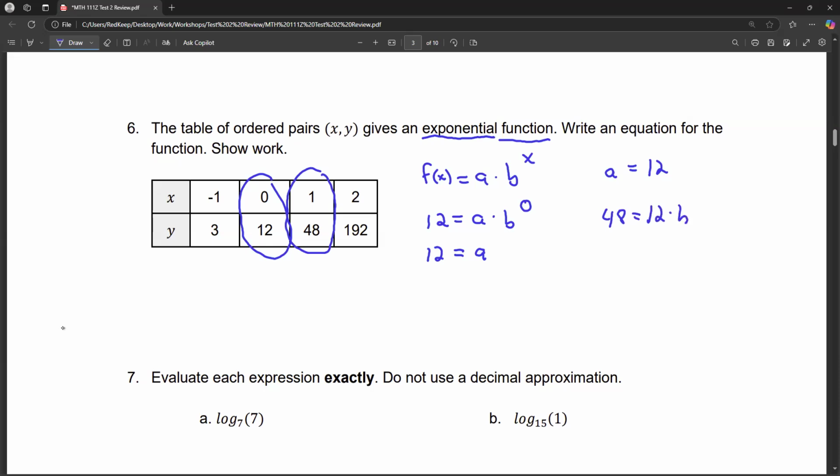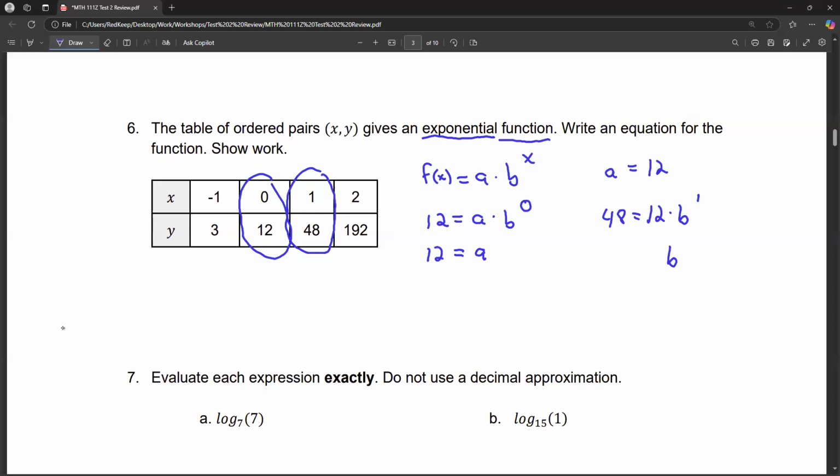I'm after my b value, so I'm going to plug in just b for now. And then b is being raised to the power of 1. So here's another great little definition to have down: any value b raised to the power of 1 is actually just equal to b. So we would just have b in this scenario. I don't need to write the power of 1 if I don't want to.